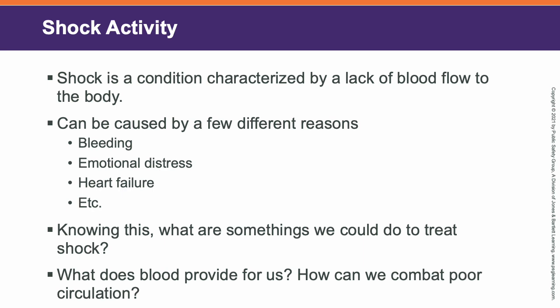This could be caused by some different things, can be caused by bleeding, emotional distress, heart failure, and other things, okay? What I want you guys to think about is now that we know what shock is and what some different causes can be, what are some things that we can do to treat this condition? What can we do to help restore blood flow to the body, okay? What does blood provide for us? How do we combat poor circulation, okay?